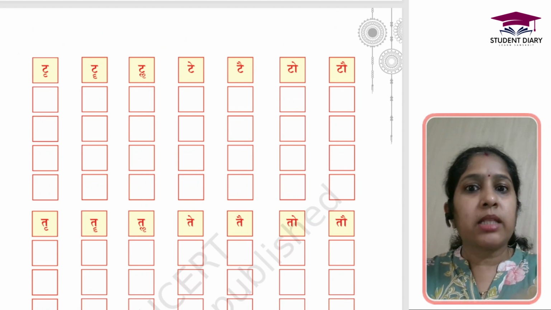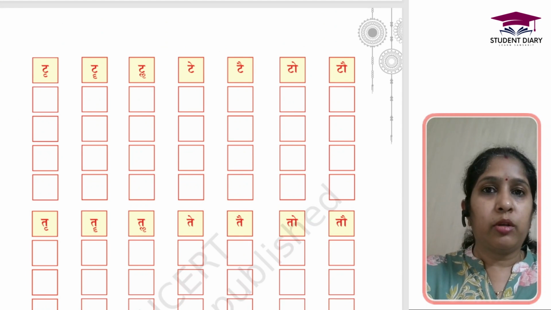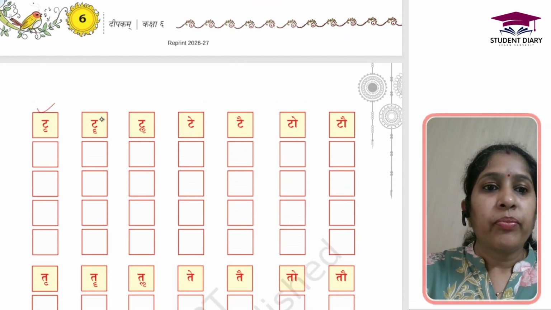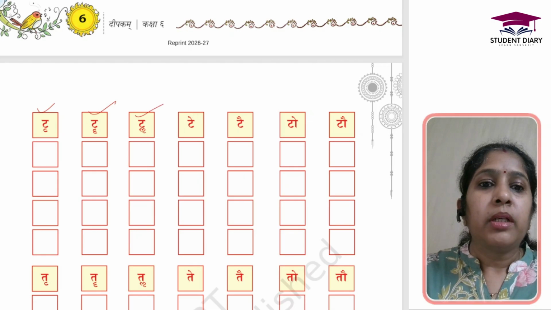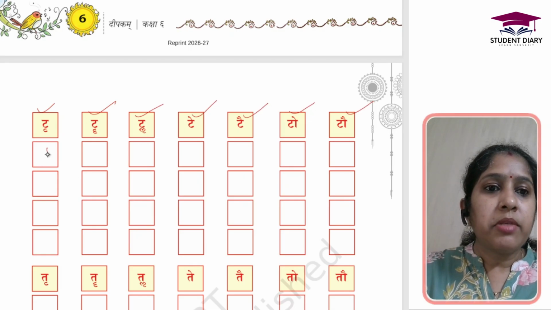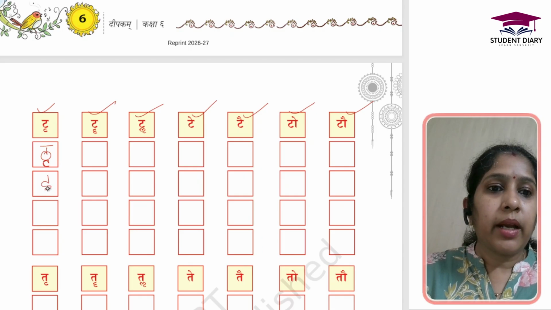Now let's go for ka. But now the next matras are there, right? Till u we have completed. After u, what comes? Ru. So kru, kru, klu, ke, kai, ko, kau. So same way after ka, what comes? Kha. So it will become khri, right? So khri ke baad gri, correct?